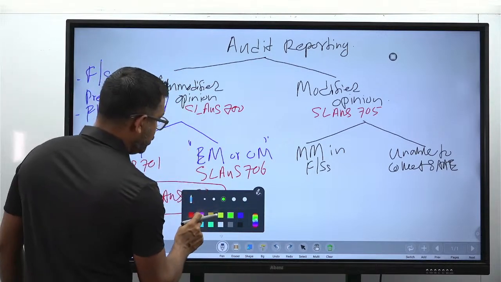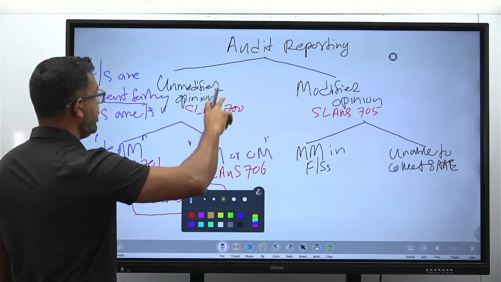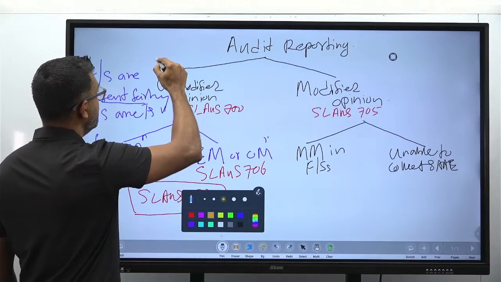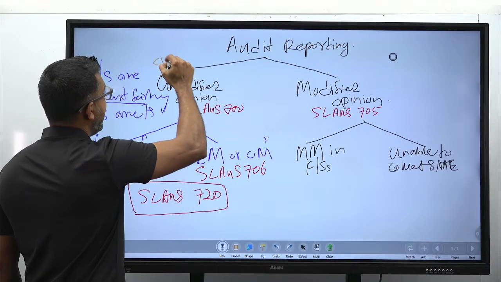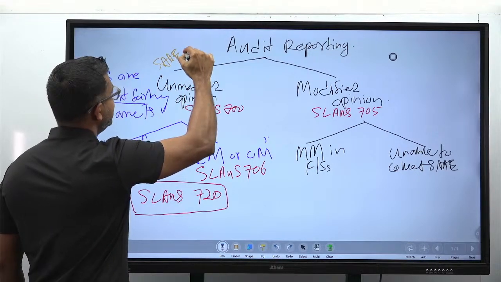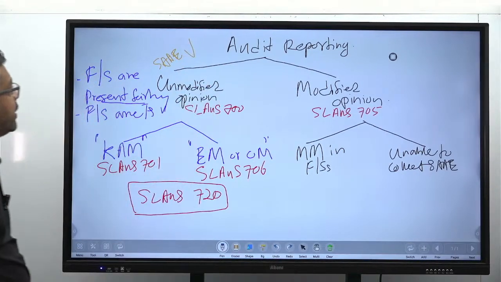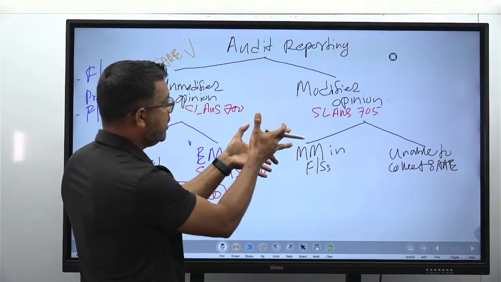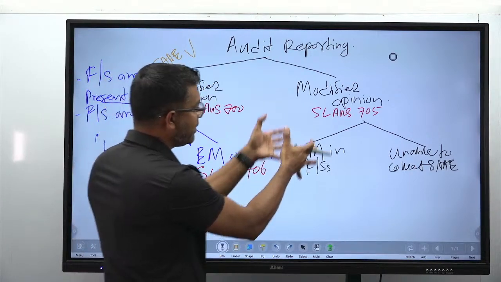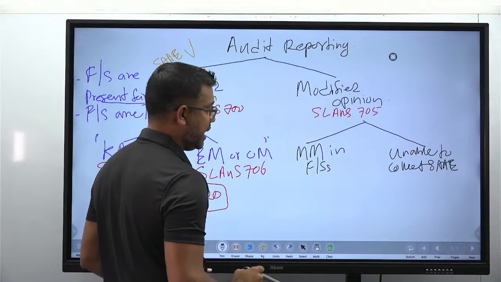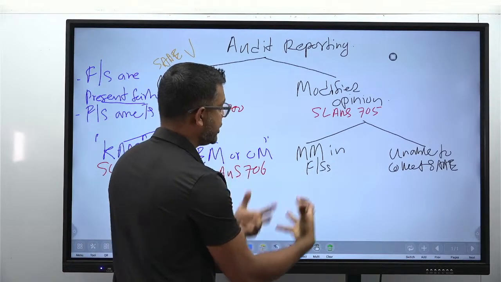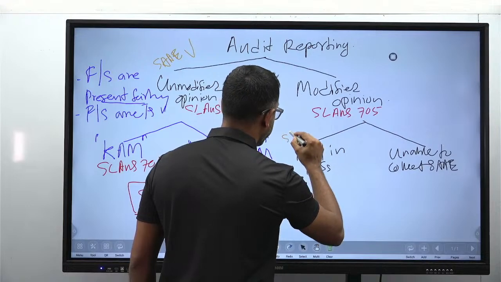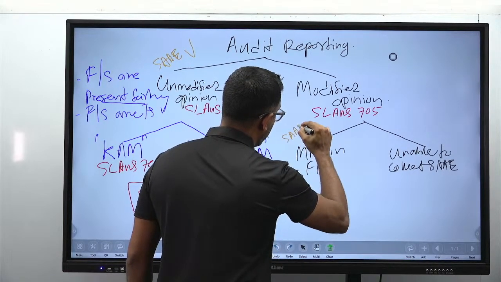I would like to highlight one more thing here. When it comes to unmodified opinion, for you to deliver an unmodified opinion, you must have sufficient appropriate audit evidence. These are some of the tips you should learn, right? Yes, it's required. Even for you to deliver a modified opinion under this particular section, where you have identified material misstatement, here also you require sufficient appropriate audit evidence.